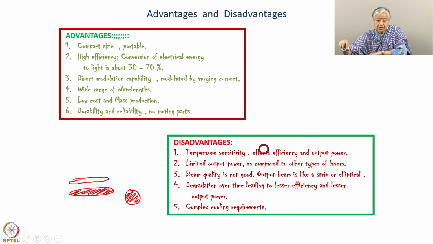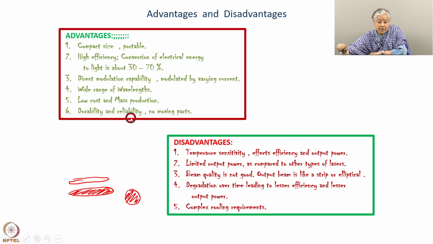Temperature sensitivity affects the efficiency and output power. Limited output power as compared to other types of lasers. Then the beam quality, as I have said, is not good. Output beam is a strip or an ellipse, and then degradation over time.